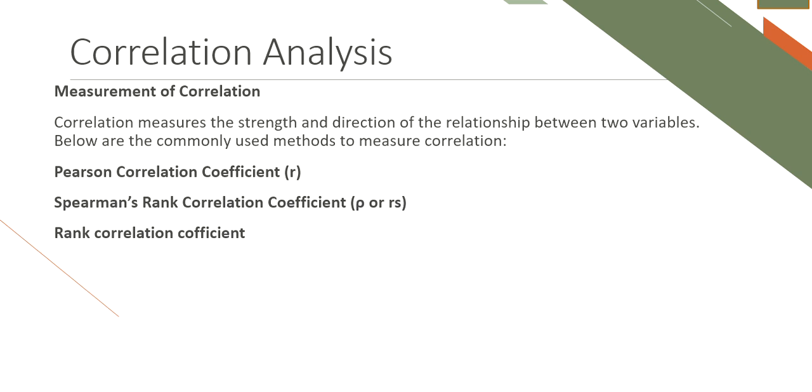So in order to measure the correlations, 3 persons have given some formulas, so that if you implement the formula and do it, it will be helpful. So 3 things are there: the Pearson correlation coefficient, which is denoted with r, Spearman's rank correlation coefficient, and the rank correlation coefficient. These 2 things, Spearman's and rank correlations, are not in the syllabus as far as BCU is concerned.